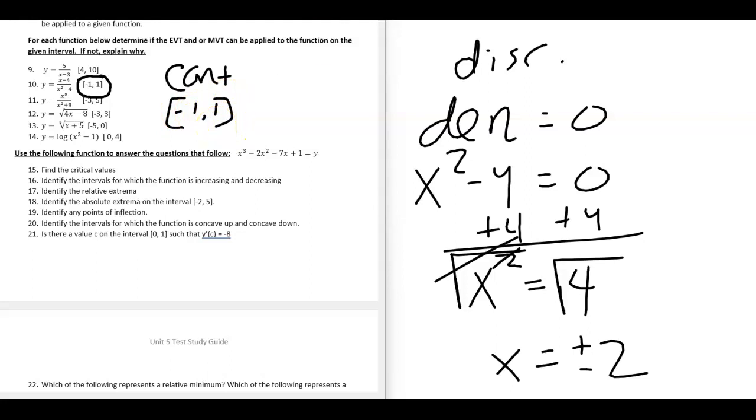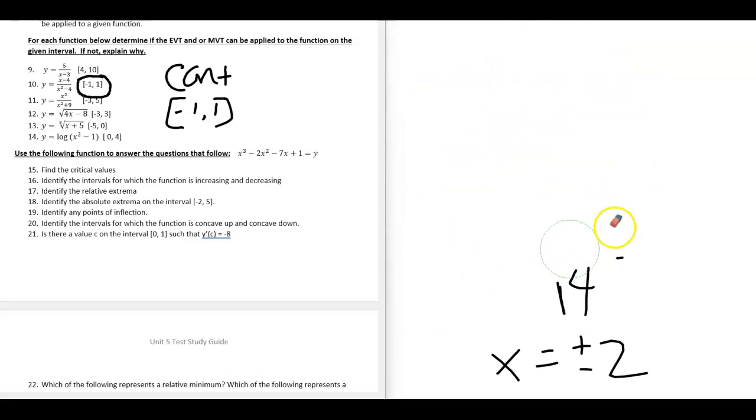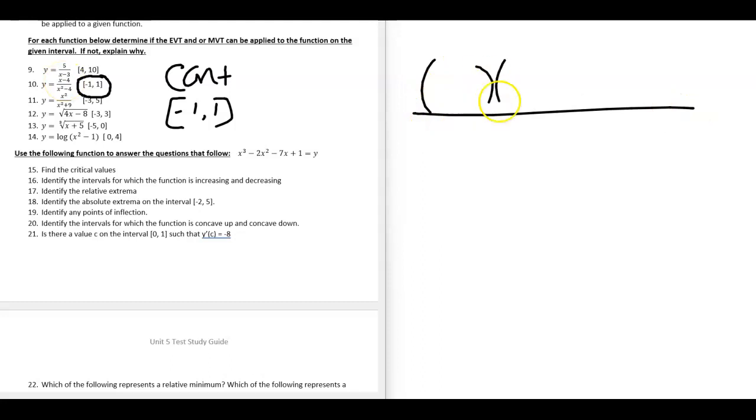Now let's see, is it differentiable? Well, to do that, like I said, you find the derivative and you find out where the derivative has discontinuities. But now I'm going to save myself a little bit of time. You can still do the whole quotient rule if you want to, but I'll give you a little hint. You don't have to. All that we really care about is whatever the bottom is equal to 0 at.